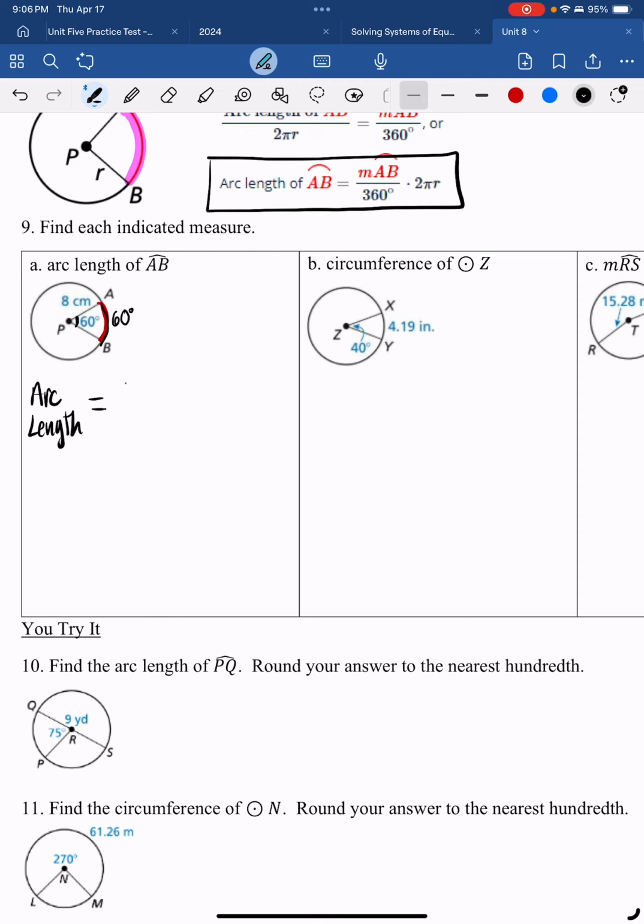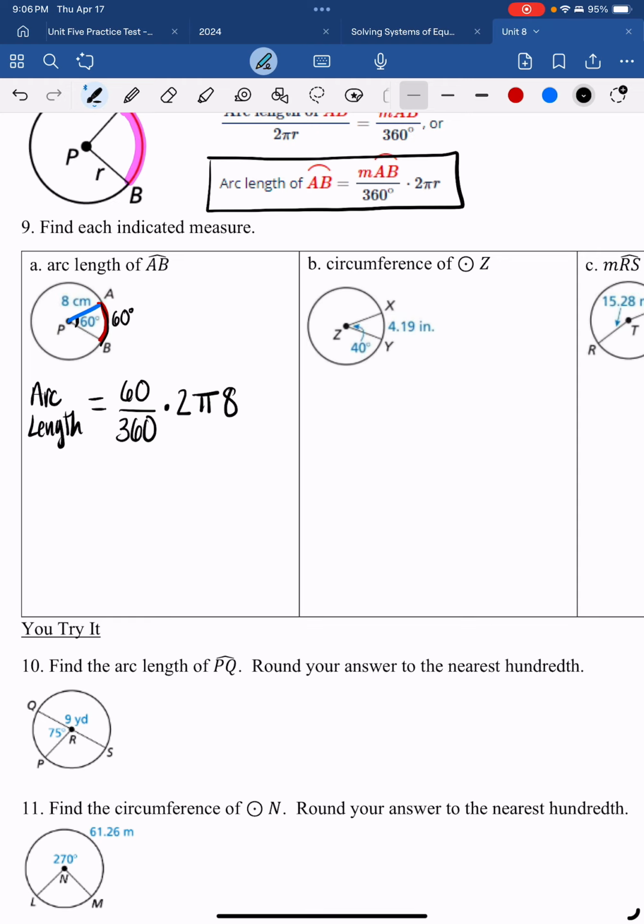So we're going to take that 60 degrees, divide that by 360, and then multiply by the circumference, 2 pi, and then the radius. So here's our radius of our circle right here. That's that 8 centimeters.